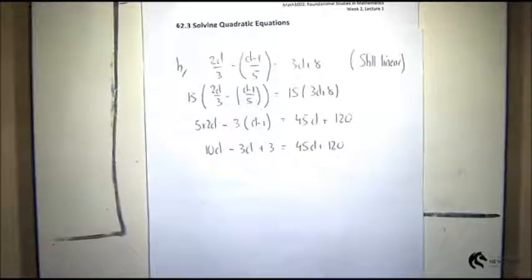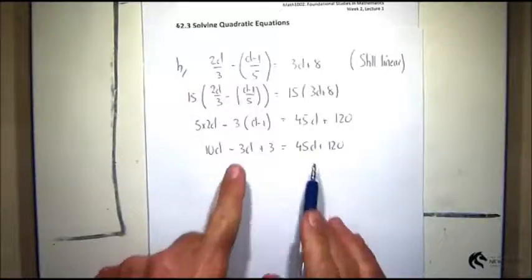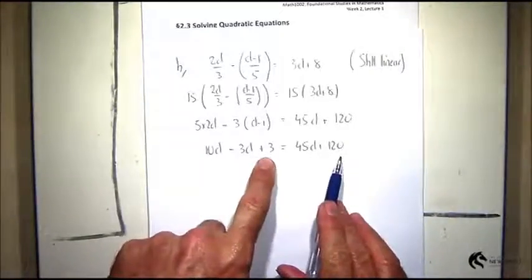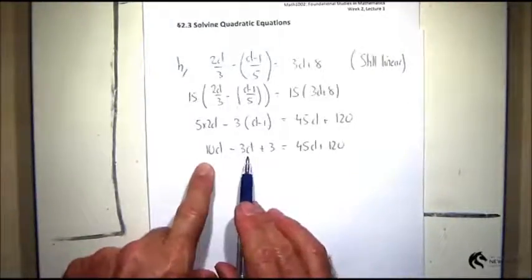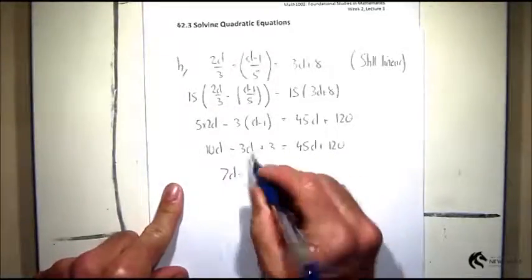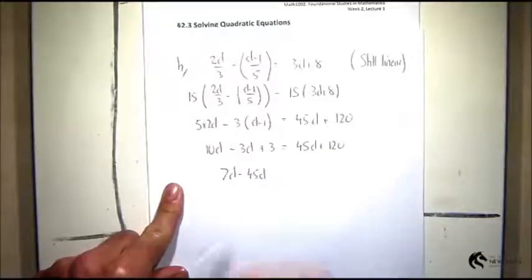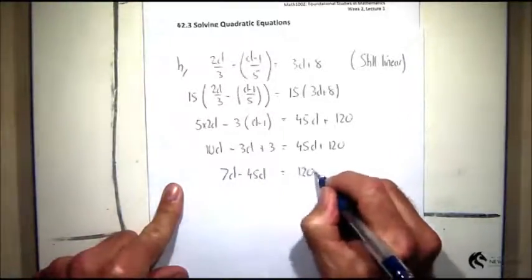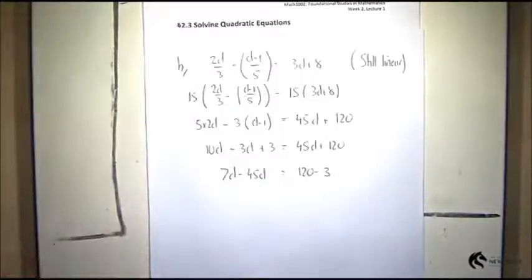I'm going to do 2 steps at once now. I'm going to bring the d's over to the left-hand side, and take the numbers over to the right-hand side. So 10d minus 3d is 7d, and I'm going to subtract 45d from both sides. On the right-hand side, I'm going to have 120 minus 3.